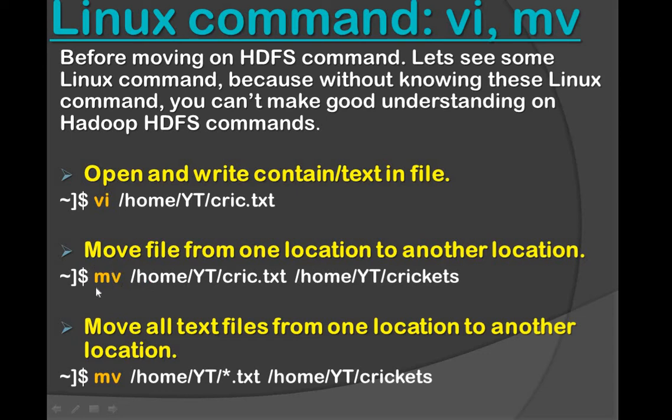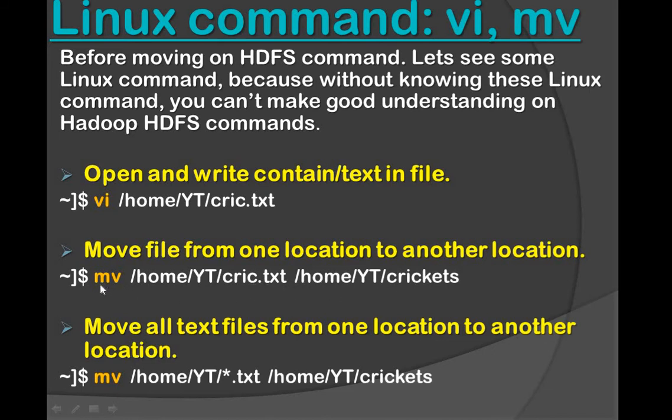First we put the mv, after that the file which we want to move from this location to this location. So first file name, after that the location where we want to move.